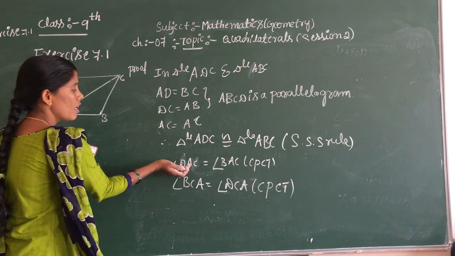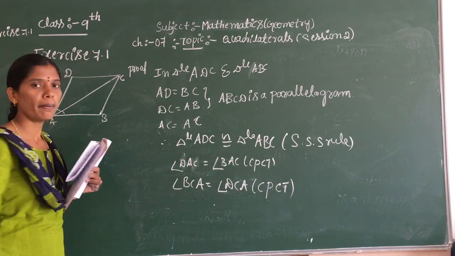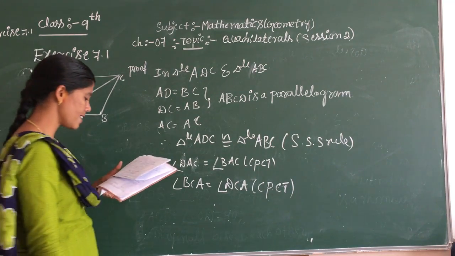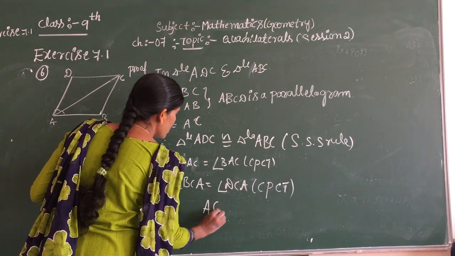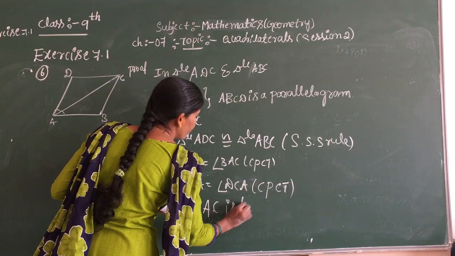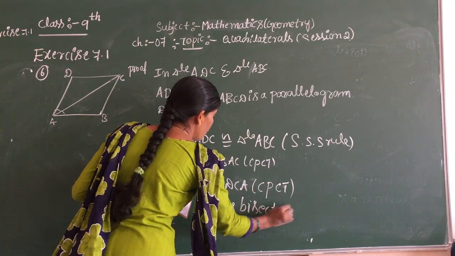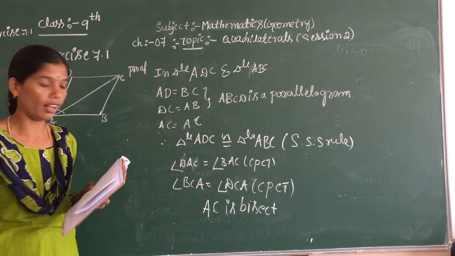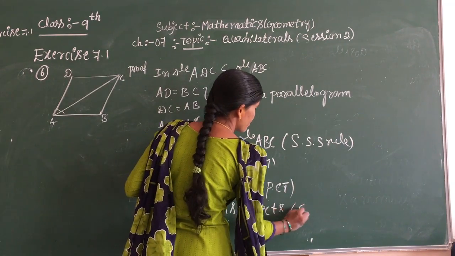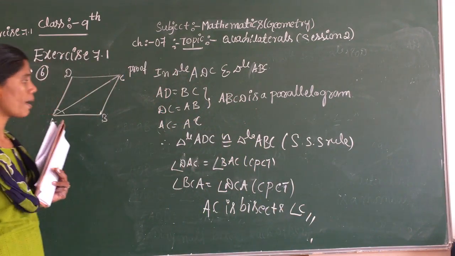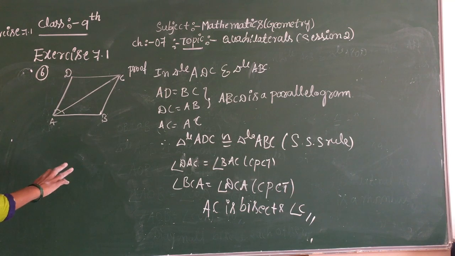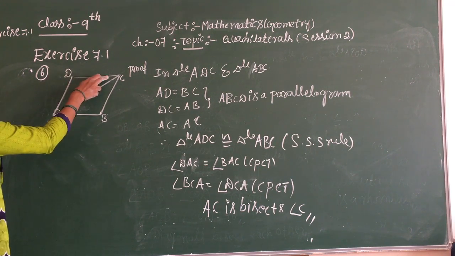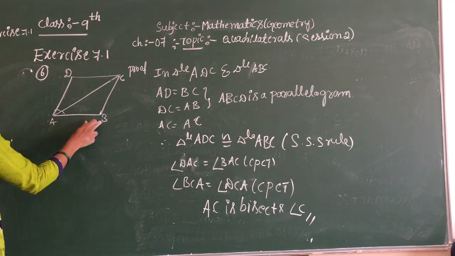Okay, AC bisects which angle? Bisects angle C. So you should compare properly in triangle ADC and triangle ABC.